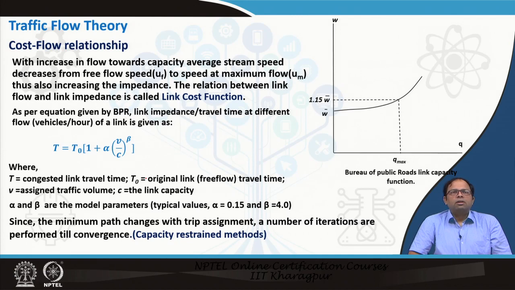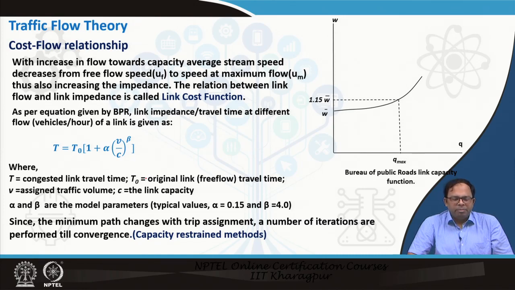So here you can see the cost-flow relationship. We can say that with increase in flow towards capacity, average stream speed will decrease from the free flow speed UF to the speed at maximum flow, and thus also increasing the impedance.